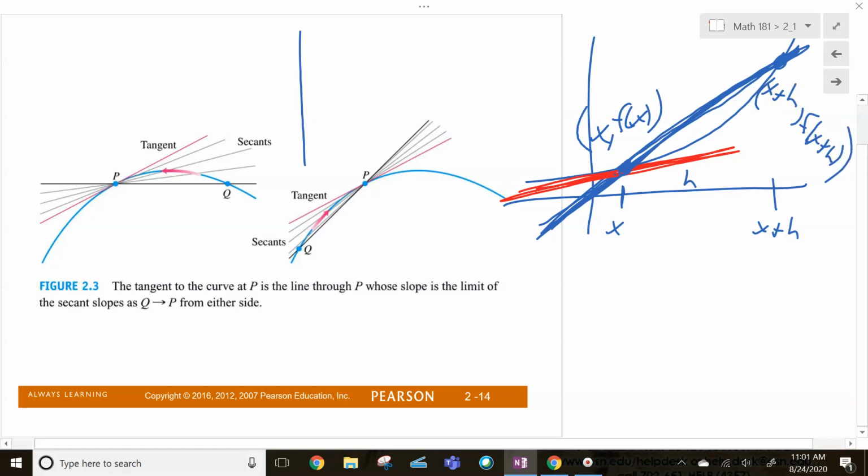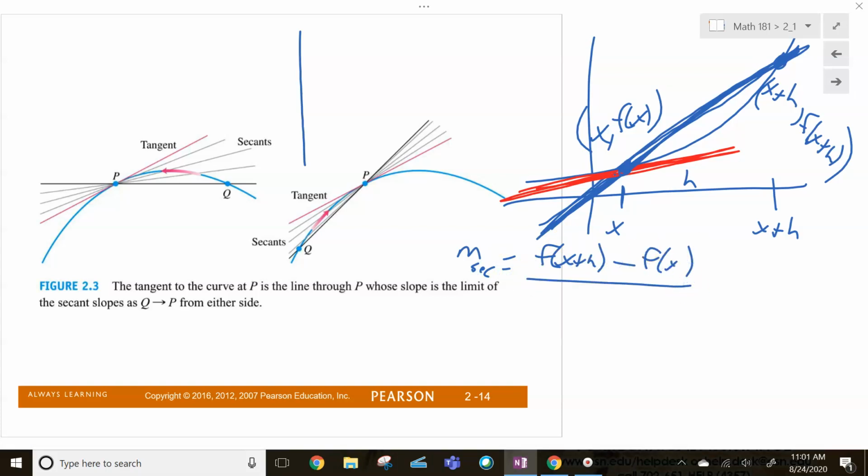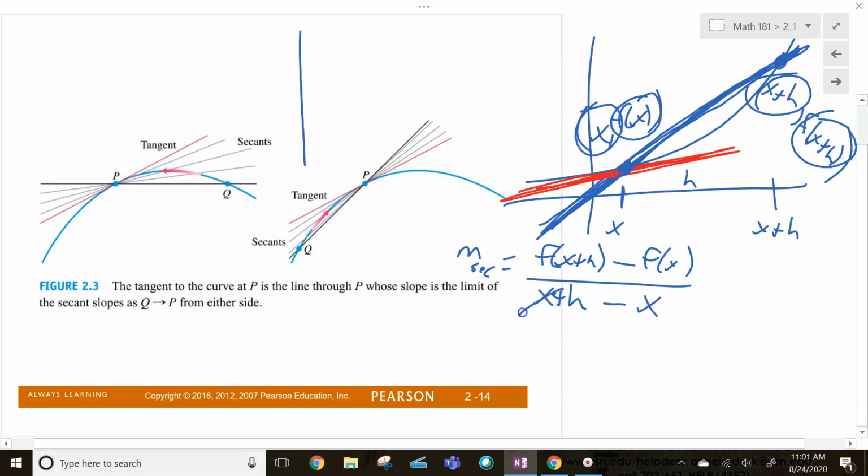So the slope of the secant line is y2, f of x plus h, minus y1, f of x, all over x2 minus x1, x plus h minus x. Notice the x's are gone. That's the slope of the secant.